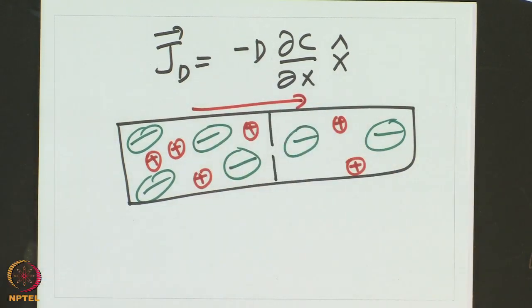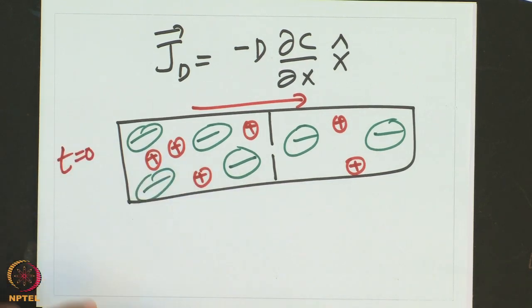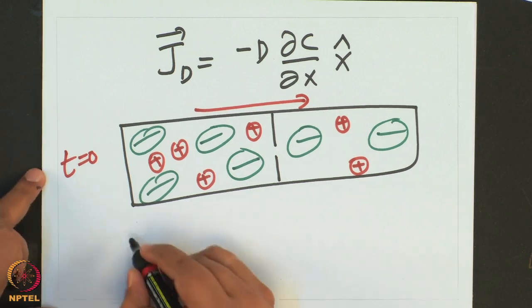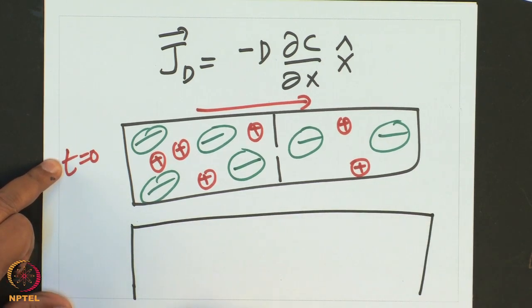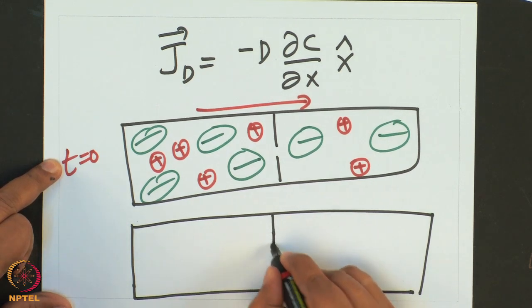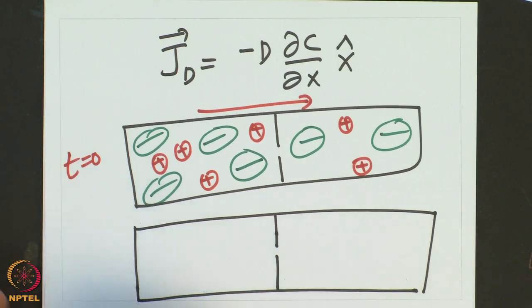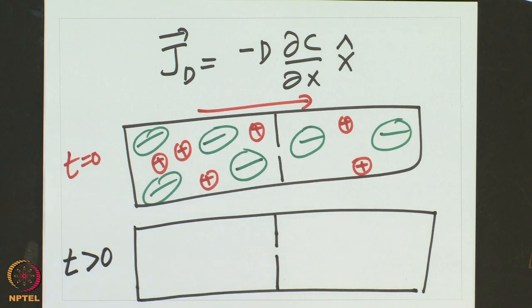This is what happens at t equals 0. Now after some time, let us say t is much larger than 0, what would happen is the following. I am going to indicate here t greater than 0.